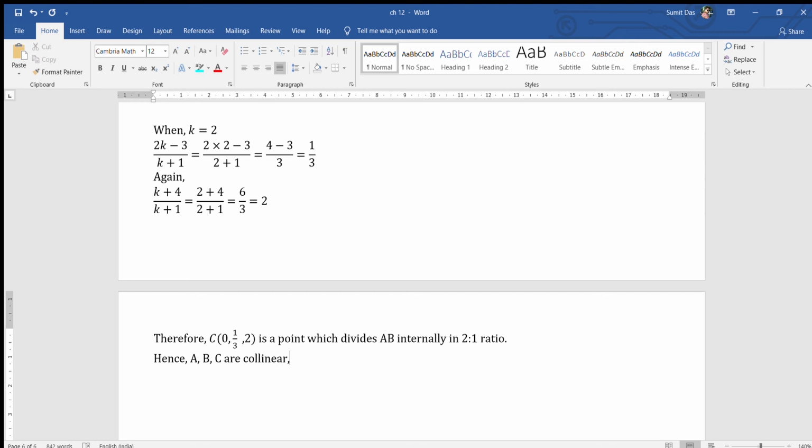Here one thing you must write: therefore C is the point which divides AB in 2:1 ratio and coincides with point B.